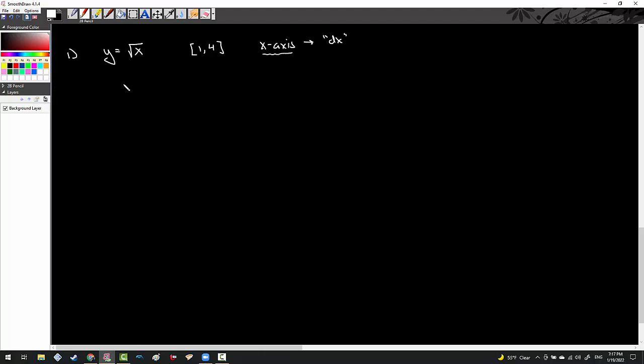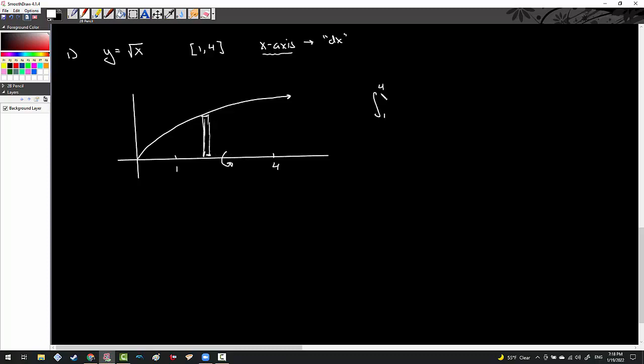Otherwise it's bad. So from here, I like to graph these things. Now, I don't necessarily rotate them, but I do like to get the image of what it is that I'm actually graphing. And I know that my limits of integration are from 1 to 4. And I just draw sometimes just one rectangle like this, and that's going to be my dx right there. And I know I'm going to be rotating him about here. And so I'm going to set up my limits of integration from 1 to 4.